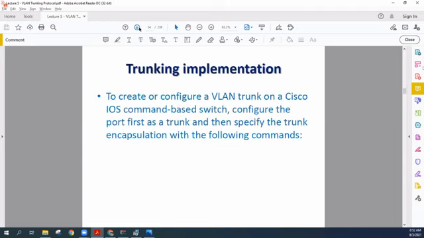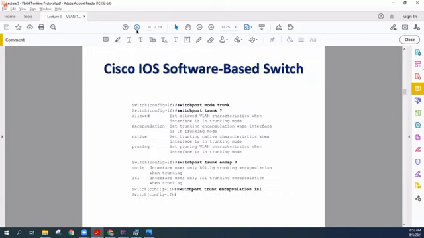Trunking implementation. To configure a VLAN trunk on a Cisco IOS command-based switch, configure the port first as a trunk, then specify the trunk encapsulation with the following commands: switchport mode trunk, then switchport trunk encapsulation ISL, if you want to configure it for ISL. Switchport mode trunk is the common command.